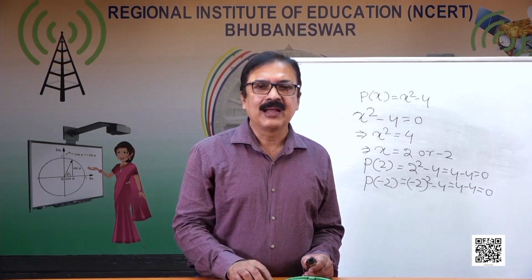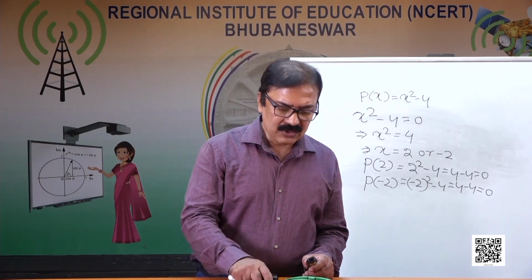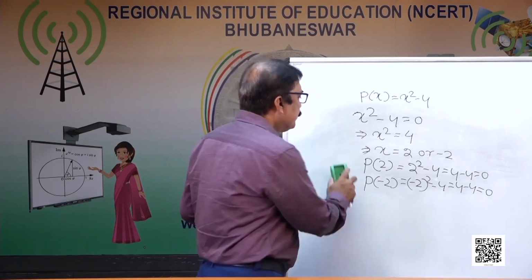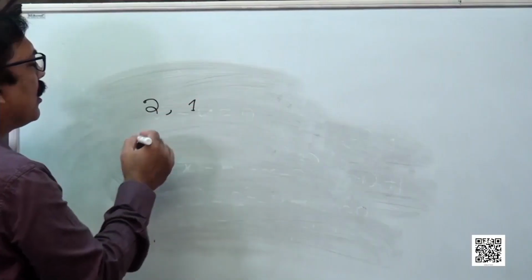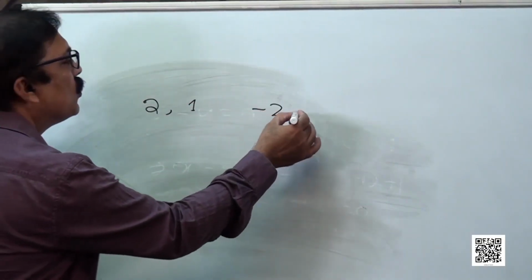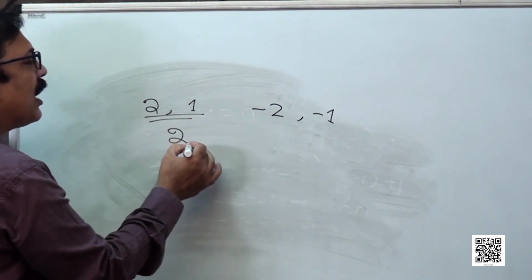We can try two numbers whose product is 2. As we know, the product of two numbers is 2. One is 2, another is 1, or one is minus 2 and another is minus 1.